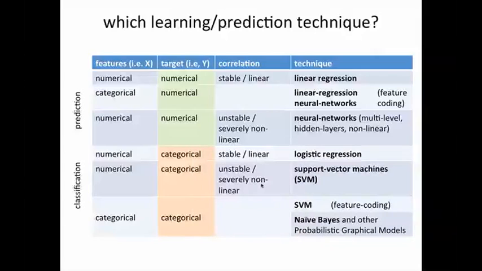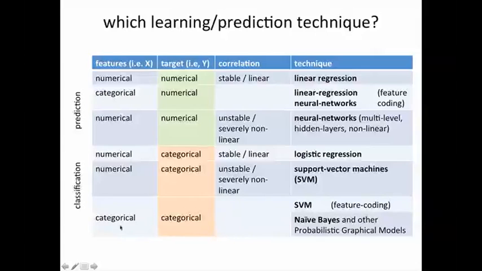Next, we come to the classification situations where the target variable is categorical. Of course, when we have categorical features and categorical targets, we've seen how to use naive Bayes and other probabilistic graphical models. These days, SVMs, or support vector machines, are also very popular for even classification.